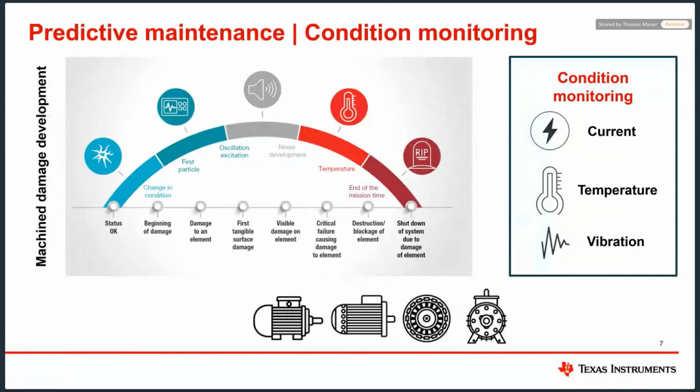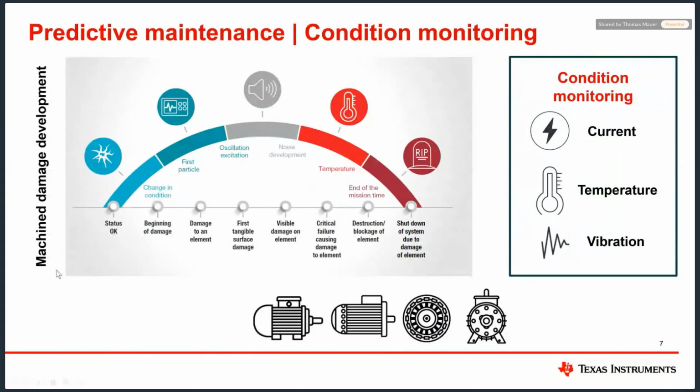The second item is the temperature, and the third item is the vibration. Using all of these 3 components, you can identify if a machinery breaks. And now let's look, for example, at this vibration item.